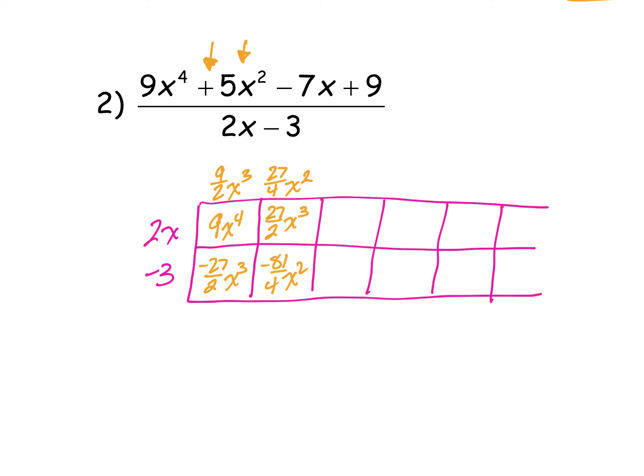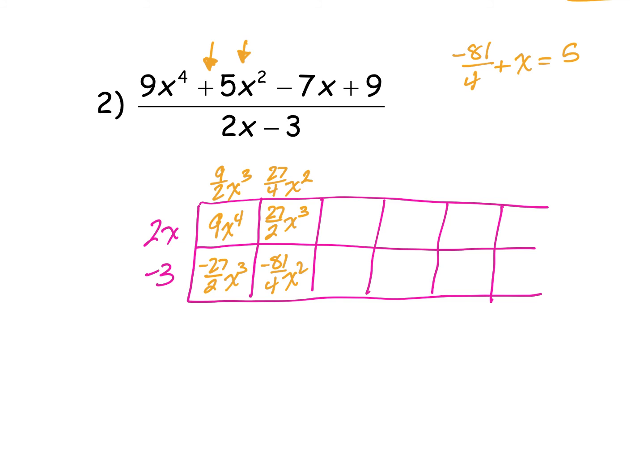Negative 20 over 81? I need to get positive 5. So negative 81 fourths plus what number equals 5? Is it 405 over 81, because 405 divided by 81 is 5?